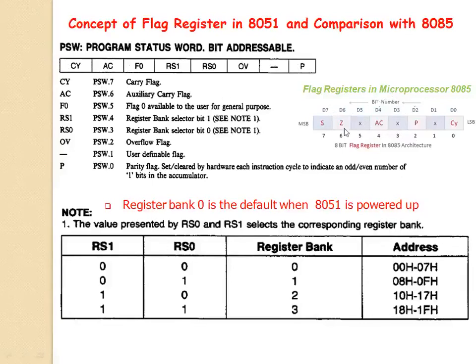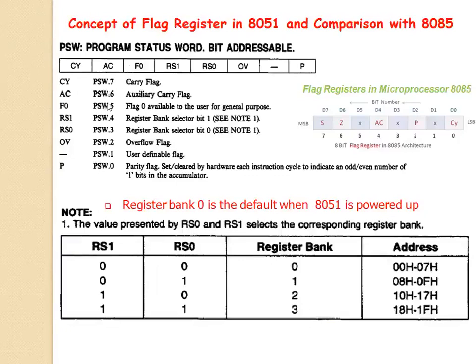In the microprocessor, out of the 8-bit locations from D0 to D7, though it is an 8-bit register, actually 5 different flags are there: carry flag, parity, auxiliary carry flag, zero flag, and sign flag. These are the flag bits inside the flag register of the 8085 microprocessor.